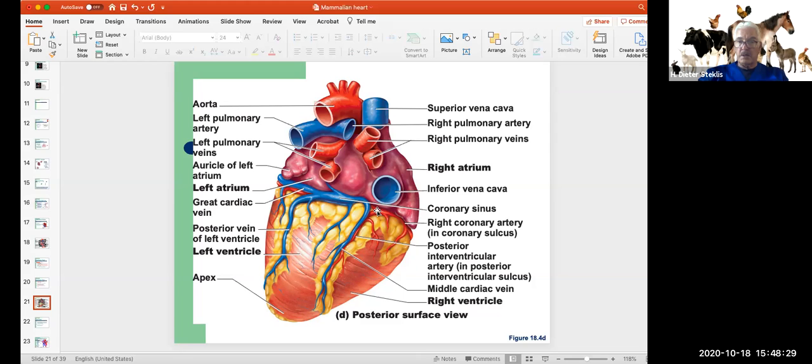Coronary arteries are crucial in particular because they carry blood to the heart muscle. If those become plugged up or occluded with fatty deposits or something of that sort, then you have what's called a heart attack. The heart can develop necrotic tissue, can cease to function, and you might actually die if these major vessels become plugged.